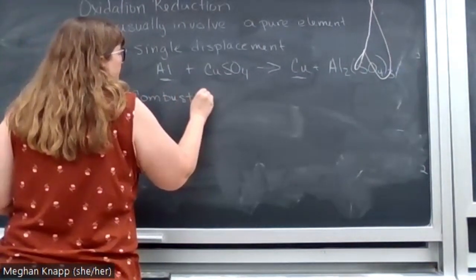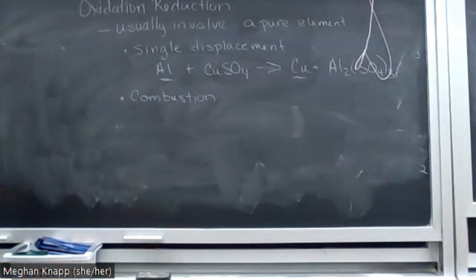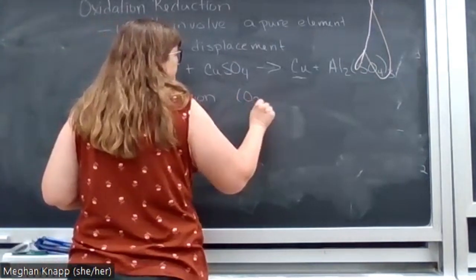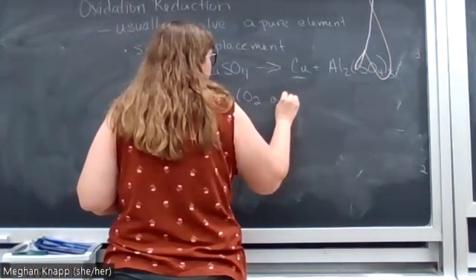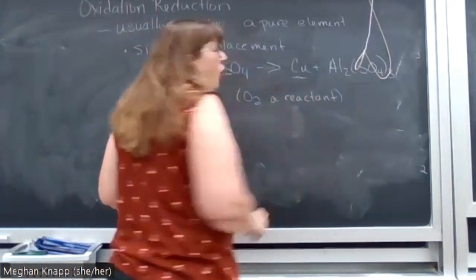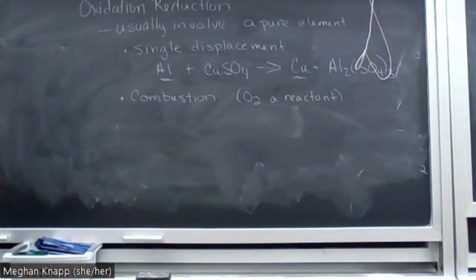The other really common way to do this is combustion. All combustion reactions are going to fit into this oxidation reduction. So usually the way that you know combustion is that oxygen is a reactant. Now, there are things other than organic compounds that can combust, but usually when we ask these as examples, it's going to be some kind of organic compound.